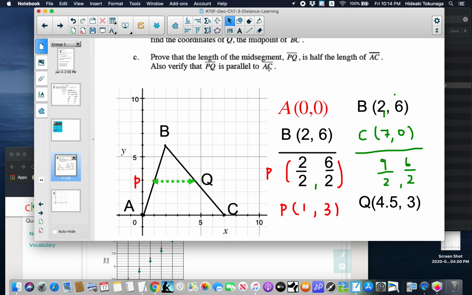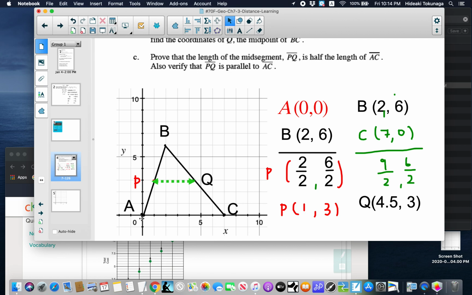Now, prove that the length of mid-segment PQ is half the length of AC, and also verify that segment PQ is parallel to AC. You have to compare from here to here.